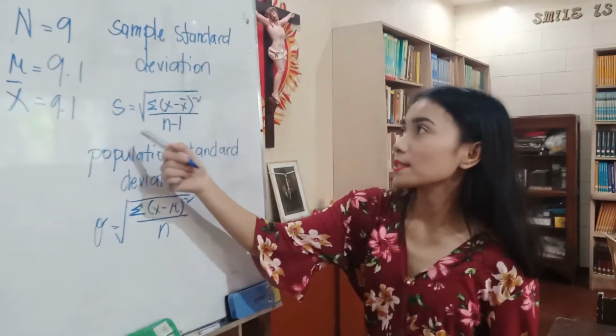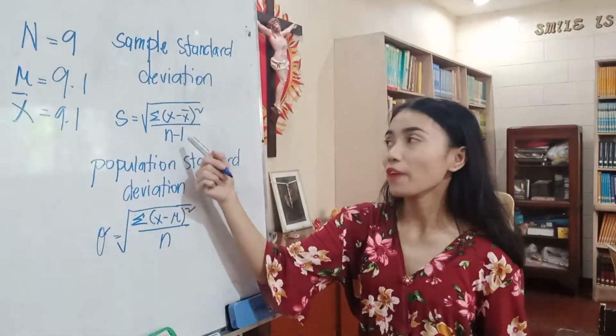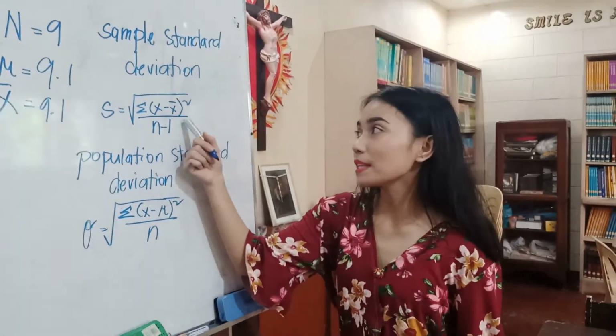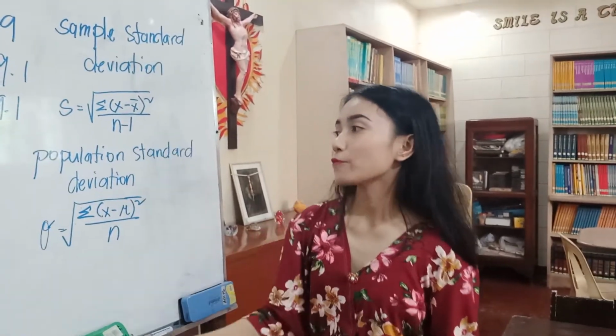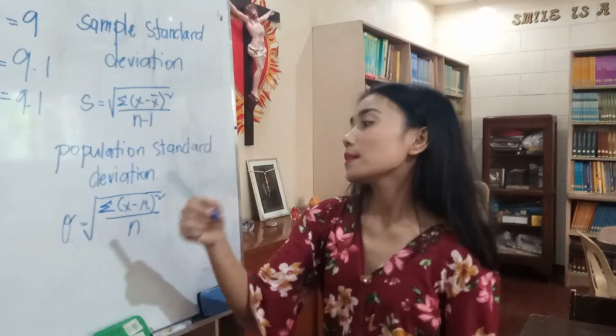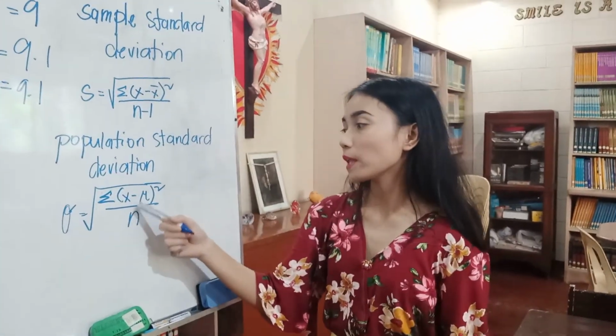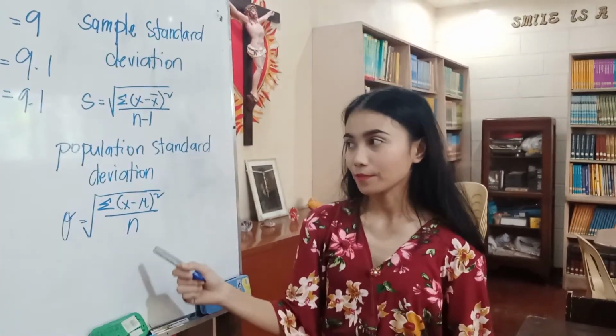To read this, the sample standard deviation is the square root of summation of x minus the sample mean squared over n minus 1. And the population standard deviation is equal to the square root of summation of x minus the population mean squared over n.